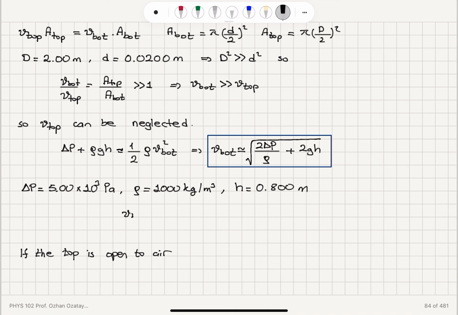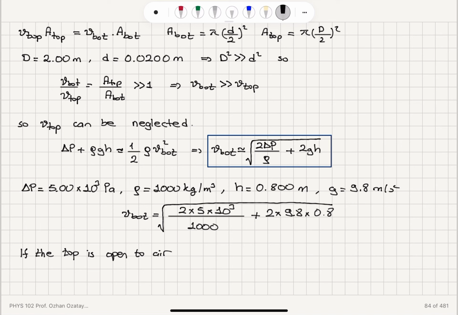Therefore, V bottom will be the square root of 2 times 5 times 10 to the 3 pascals divided by 1000, plus 2 times the gravitational acceleration 9.8 meters per second squared times the height 0.8 meters.